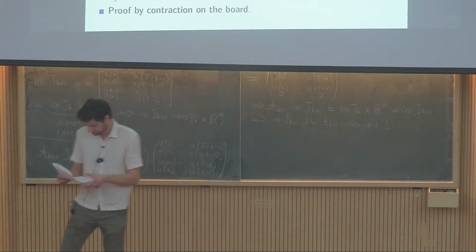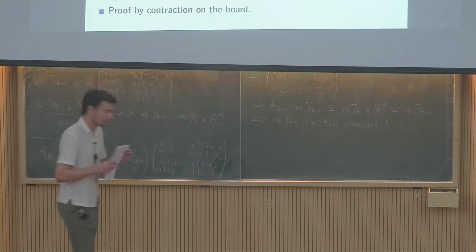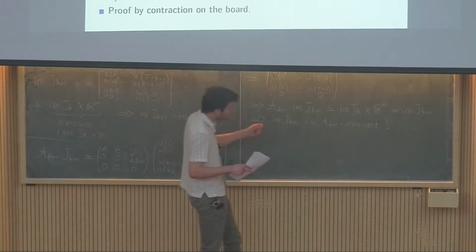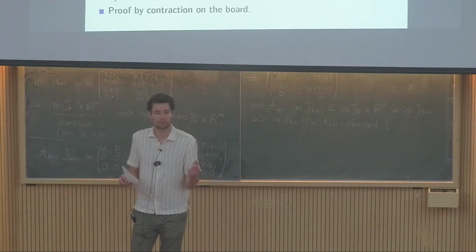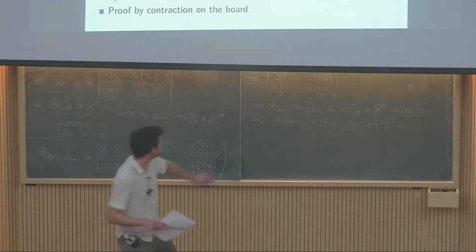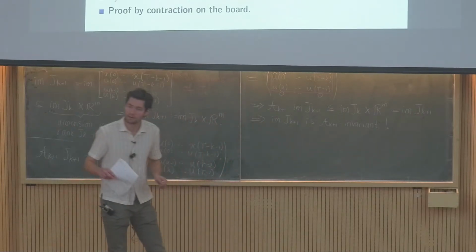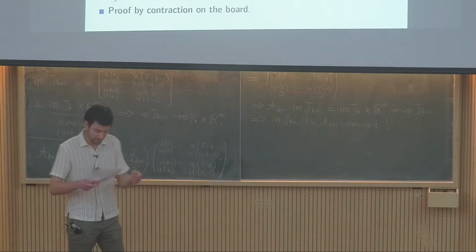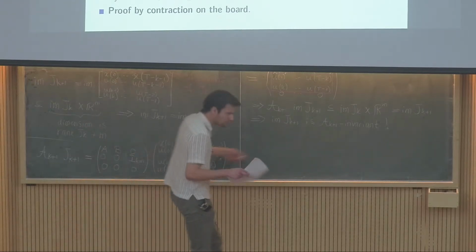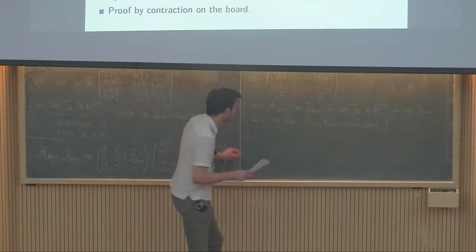Fantastic. So, for the final part of the proof, I also want to show that the image of BK plus 1 is in the image of JK plus 1. And then finally, we're going to use controllability. So let me first write down what BK plus 1 was again.